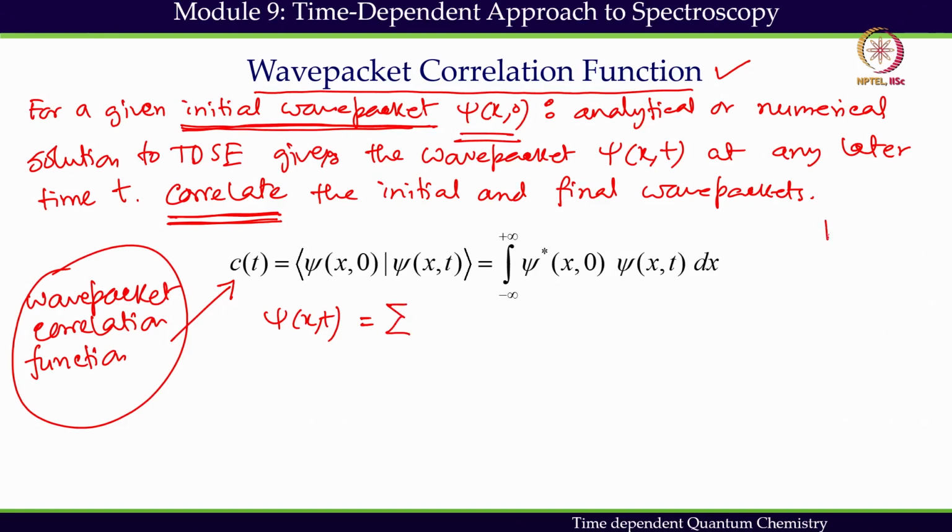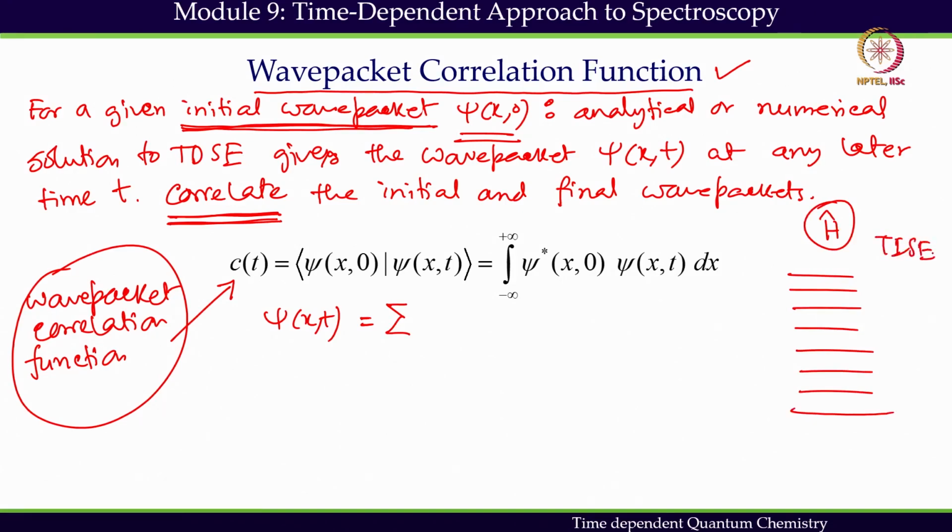So let's say I have a Hamiltonian. That Hamiltonian should give me, if I solve TISE, all these energy states. So let's say one energy state is psi n, then psi n minus 1, and so on. All these energy states are given, and their eigenvalues are En, then E n minus 1, like this way. So associated eigenstates and eigenstate energies are there. This is a stationary eigenstate.